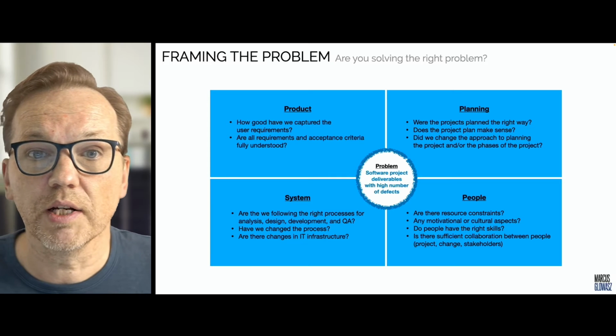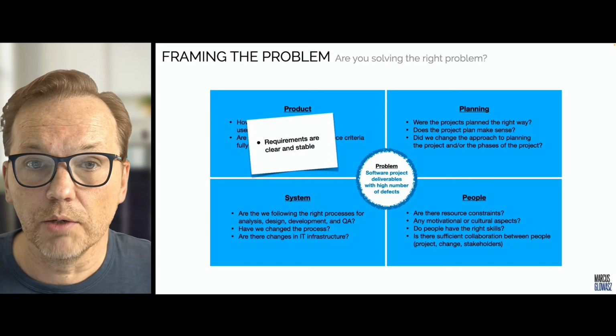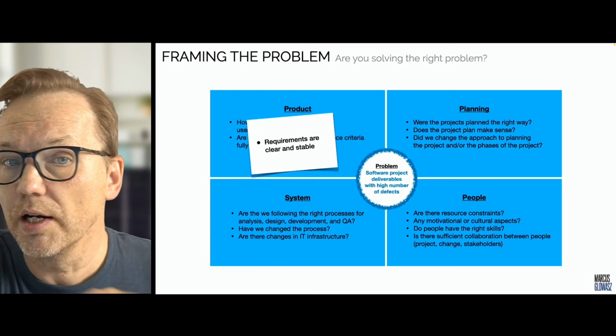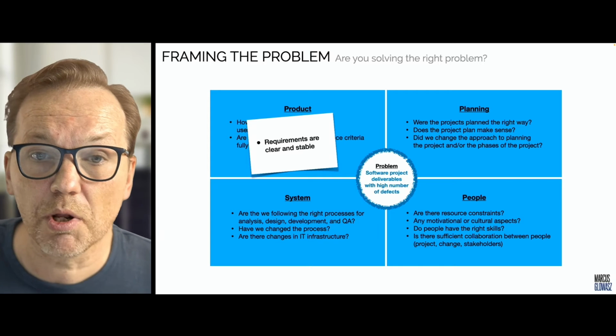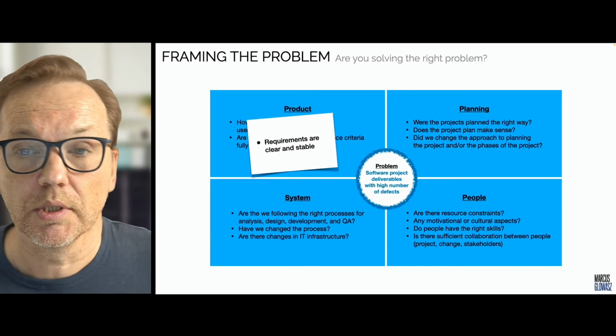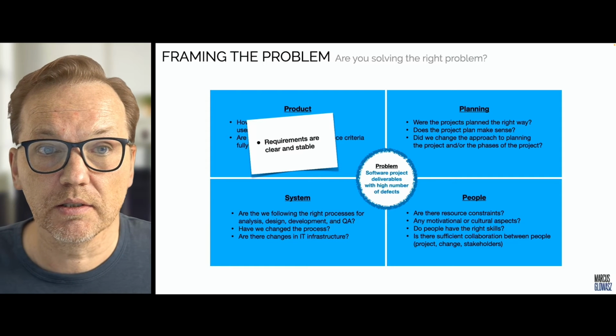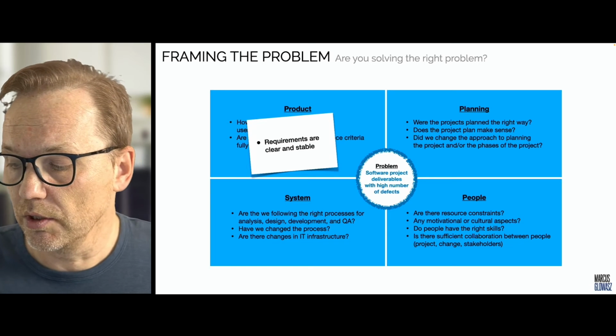So if we look at the product and requirements, let's say we investigate this, we do a deep dive, and then we realize the requirements are actually clear, stable, looking all good. So nothing really changed. So we can't really say that here's a particular problem. Okay, but it's good information.